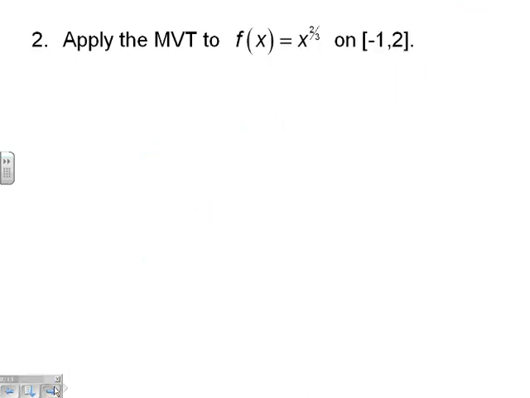Next one. F of x equals x to the 2/3 on the closed interval, again, negative 1 to 2. So we're looking at the same things. First of all, take the derivative.